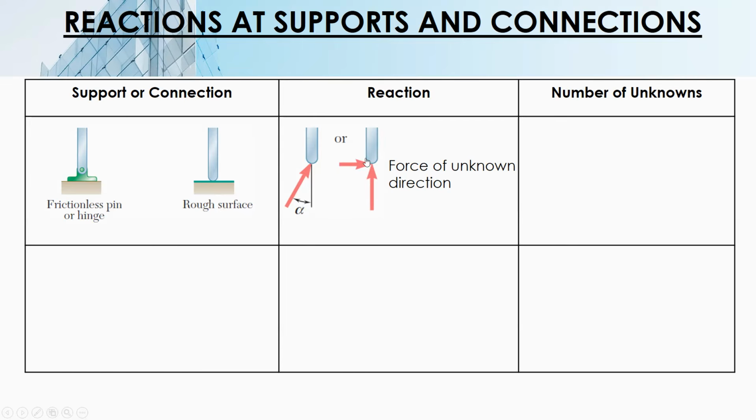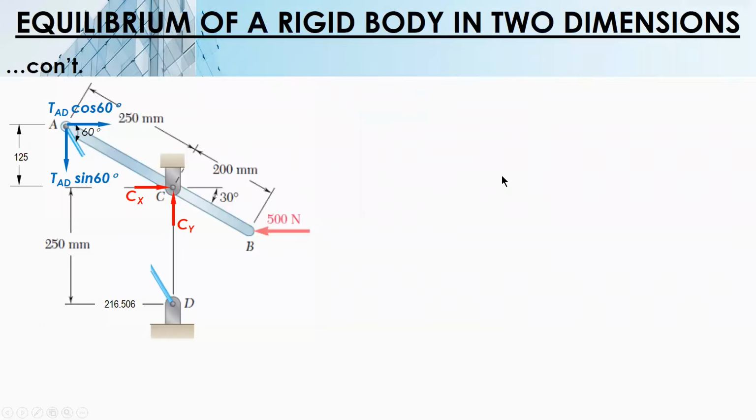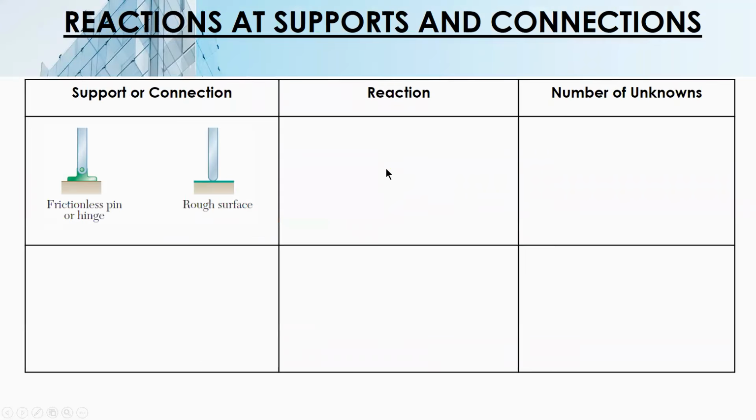Now, for this one, assume right and upward. The moment the answer turns negative, you just change the direction. Okay. So there are two unknowns, okay?